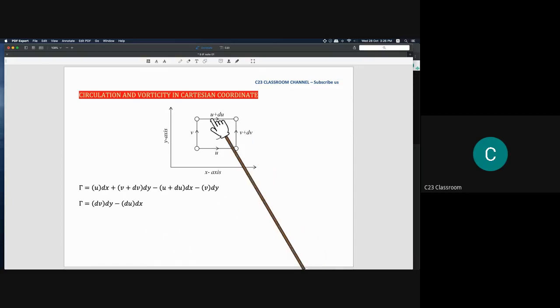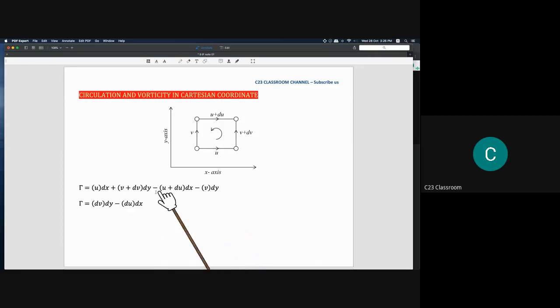For this one, the molecule will resist the velocity, so we have the negative velocity, minus u plus du, times dx, because the length is dx times 1. And for this side, it becomes minus v times dy.